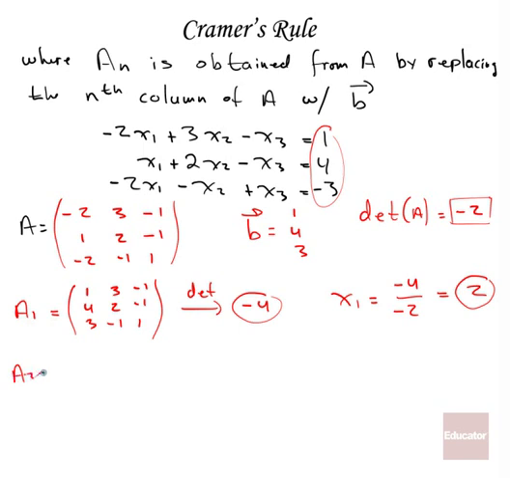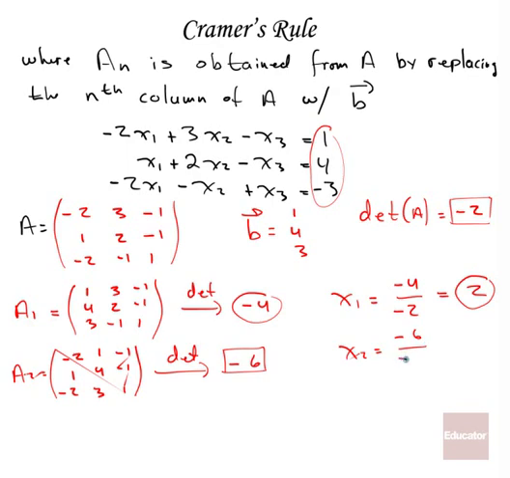A2 is equal to this with the second column replaced by that vector. So I end up with minus 2, 1, minus 2, 1, 4, 3, minus 1, minus 1, 1. I subject that to the determinant in mathematical software, and I end up with minus 6. Therefore, x2 equals minus 6 over minus 2, which is equal to 3.